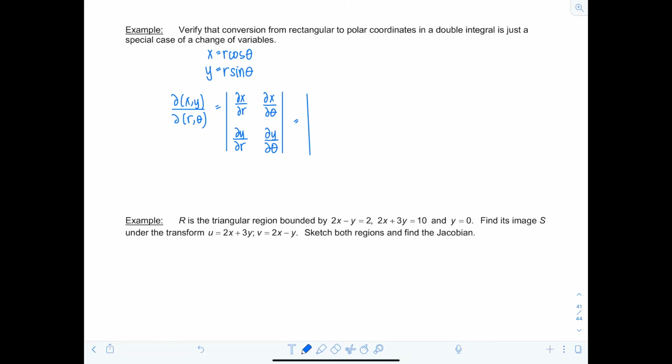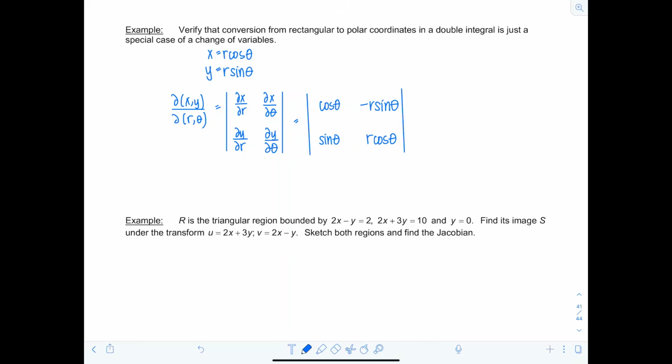So the partial derivative of x with respect to r is going to be cosine theta. And then the partial with respect to theta is going to be negative r sine theta. Now if I take the partial derivative of y with respect to r, it's just sine theta. And then the partial derivative of y with respect to theta is r cosine theta.